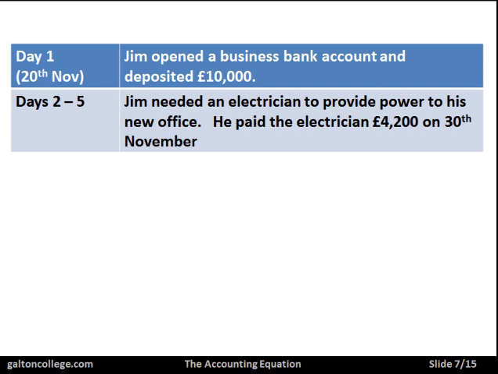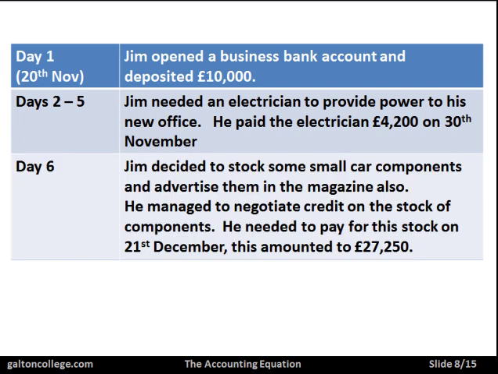Now on day 6, Jim decided to stock some small car components and advertised them in the magazine also. He managed to negotiate credit on the stock of components. He needed to pay for this stock on the 21st of December, and this amounted to £27,250. So he got it on credit.